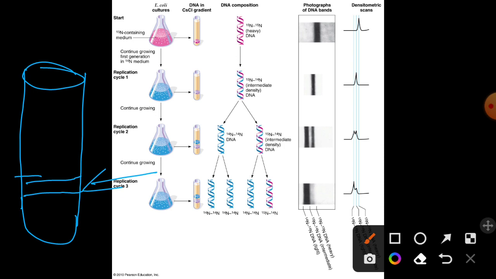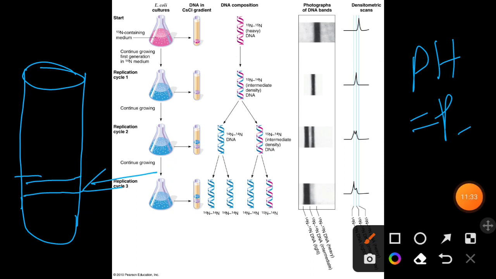Clear? It is a similar thing to what we have discussed earlier in isoelectric focusing, where proteins stop their migration when the protein gets an environment where the pH is exactly equal to its pI. In the same way, in cesium chloride density gradient centrifugation, DNA will stop migrating downwards when it gets an environment whose density is exactly equal to its buoyant density.